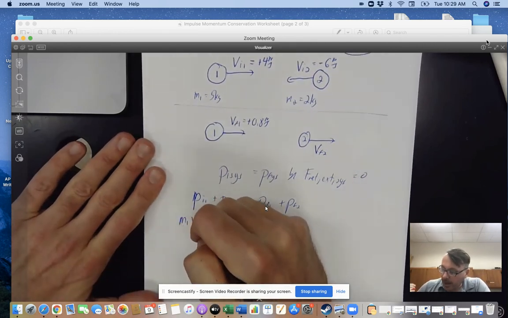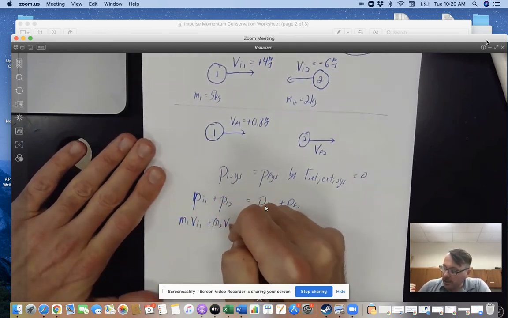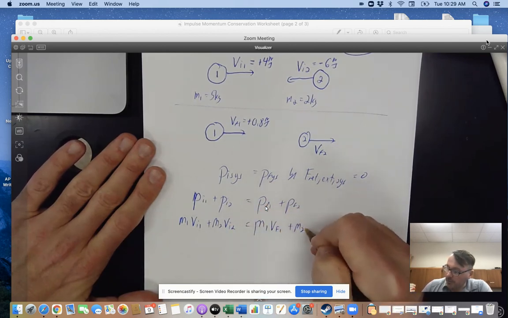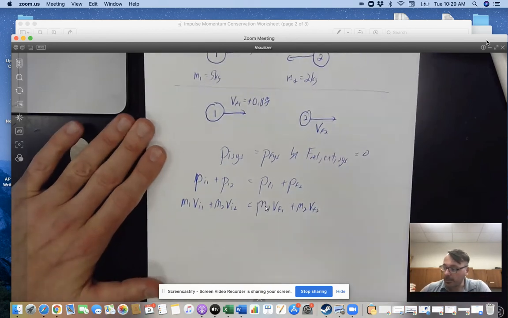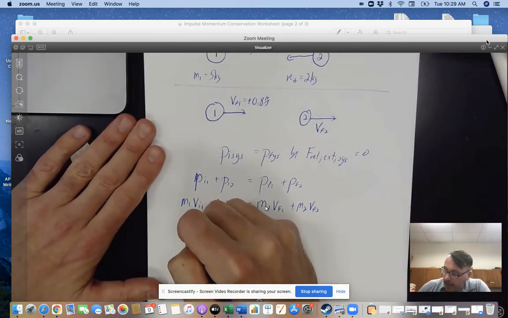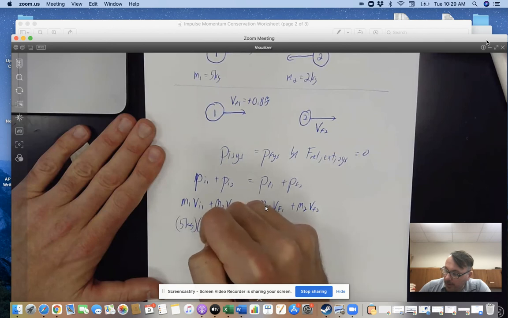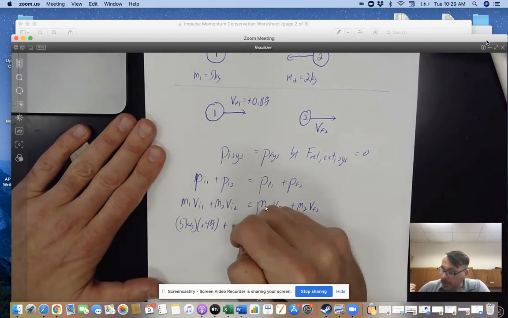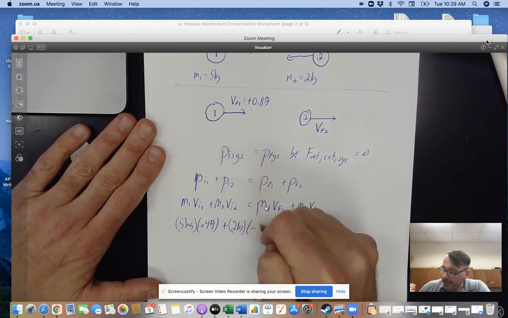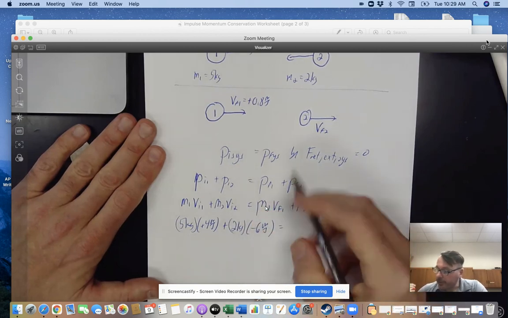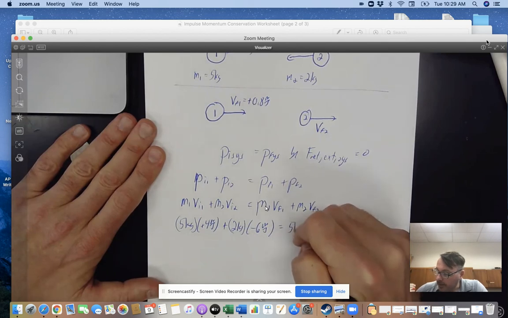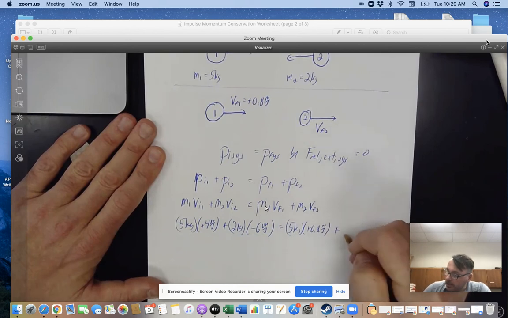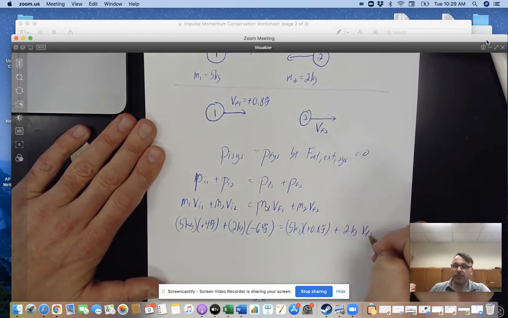So M1 VI1 plus M2 VI2 is equal to M1 VF1 plus M2 VF2, and then let's do the accounting problem. 5 kilograms times positive 4 meters per second plus 2 kilograms times a negative 6 meters per second is equal to 5 kilograms times a positive 0.8 meters per second plus 2 kilograms times VF2. We'll figure out what that is.